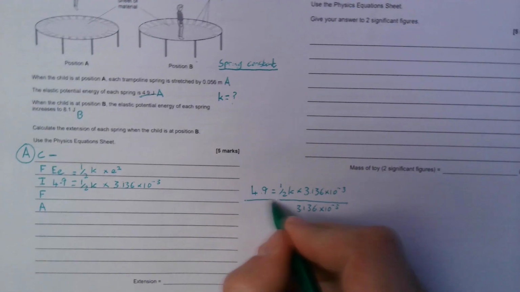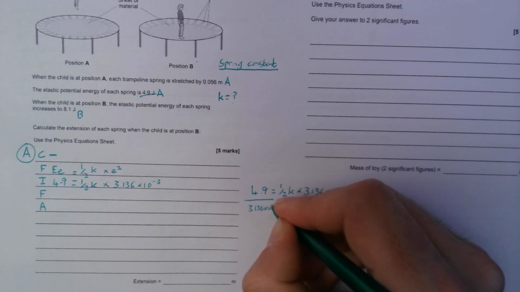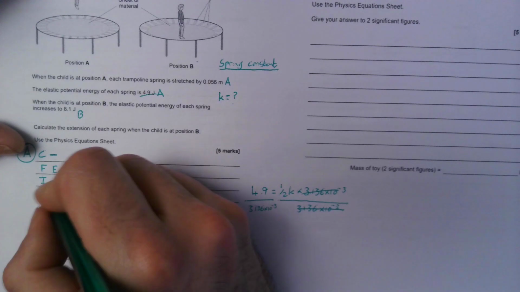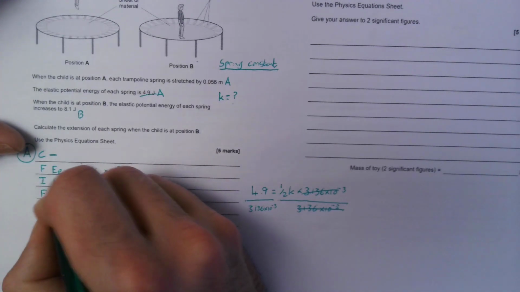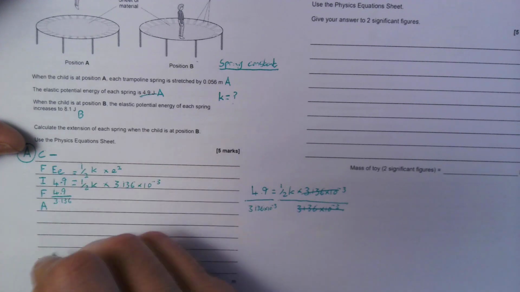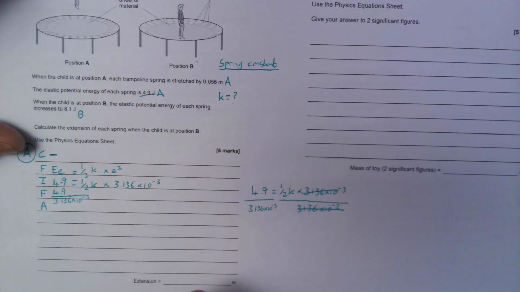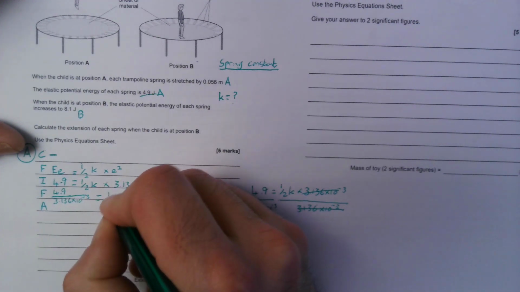What we do to the right, we do to the left. That cancels that, so we end up with 4.9 divided by 3.136 times 10 to the minus 3, and that will give us half the spring constant.